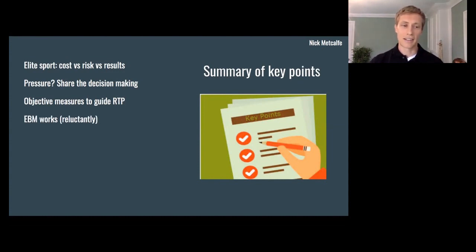Evidence-based medicine works. I say reluctantly because it's hard work to keep up to date with all the up-to-date evidence. And we're all busy, and you see it a lot with more senior people, not just in chiropractic, but in maybe sports medicine as a whole, is that those 3 circles. Yes, as you get older and you get more experience, you're able to draw more experience.